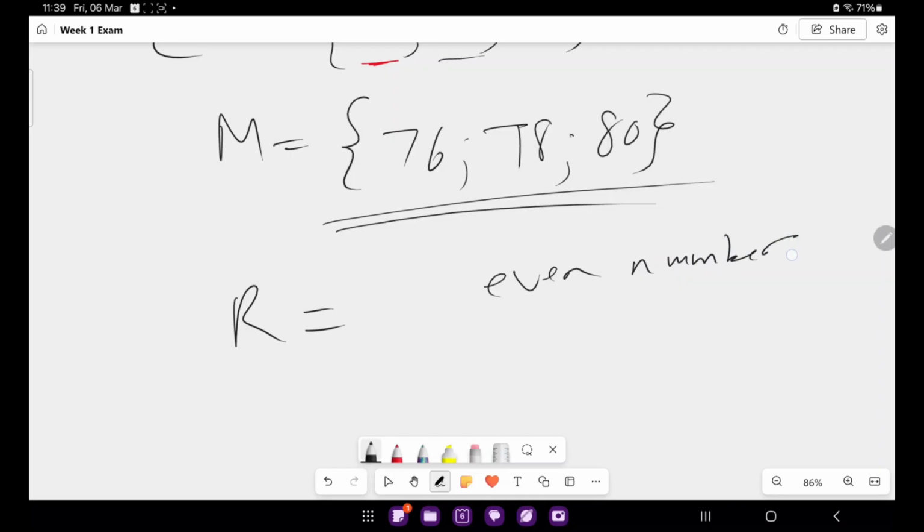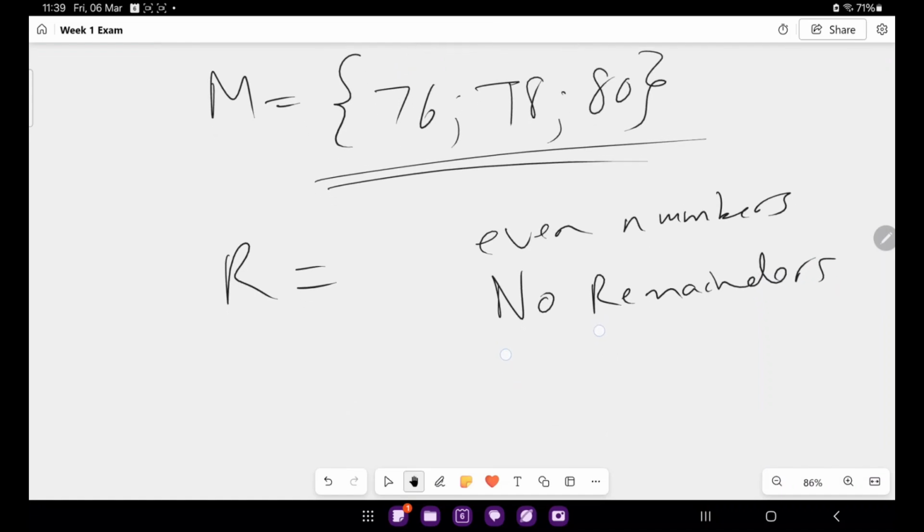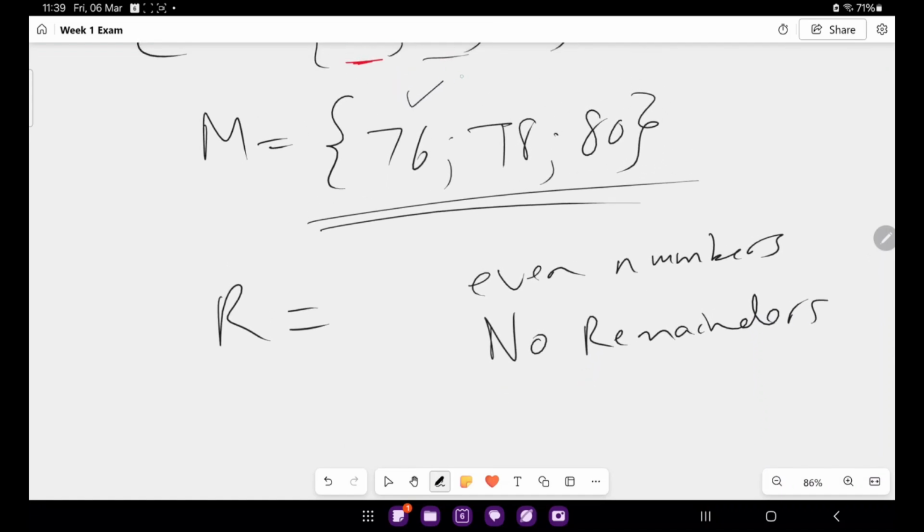And also, if you are a multiple of 4 and that number is divided by 4, we should not get a remainder, so no remainders. So that means in this scenario, we are taking our even numbers that we have found, right? Because multiples of 4 are all also even, and that's all the even numbers that are in our universal set.